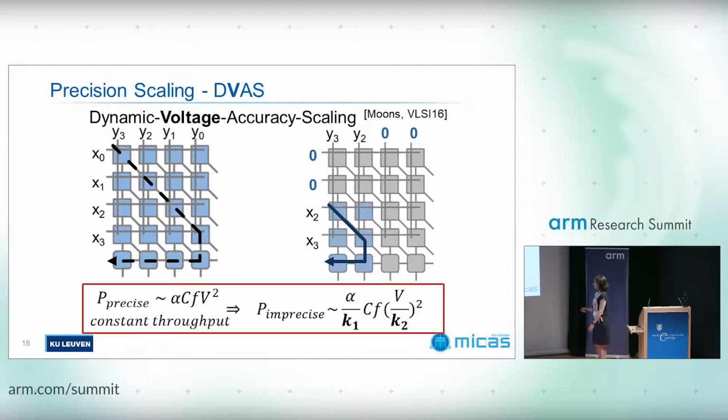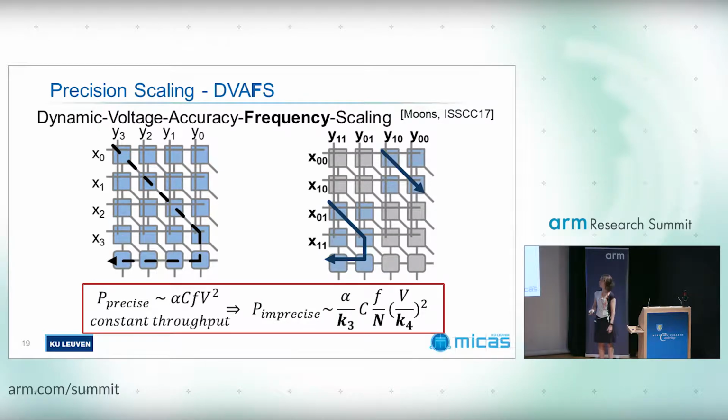And then you can do a third thing, which is there is a lot of inactive hardware here. Why wouldn't I reuse it to do a second 2-bit multiplication in parallel to the first one? Again, my activity factor is still lower than here because many inactive blocks. My critical path is still lower than here, but for the same throughput that I want to go after, I can now also drop my clock frequency of my circuit, because I do 2 multiplications instead of 1 here, and hence I can run at half the clock frequency, which in turn again allows me to drop supply voltage even more.